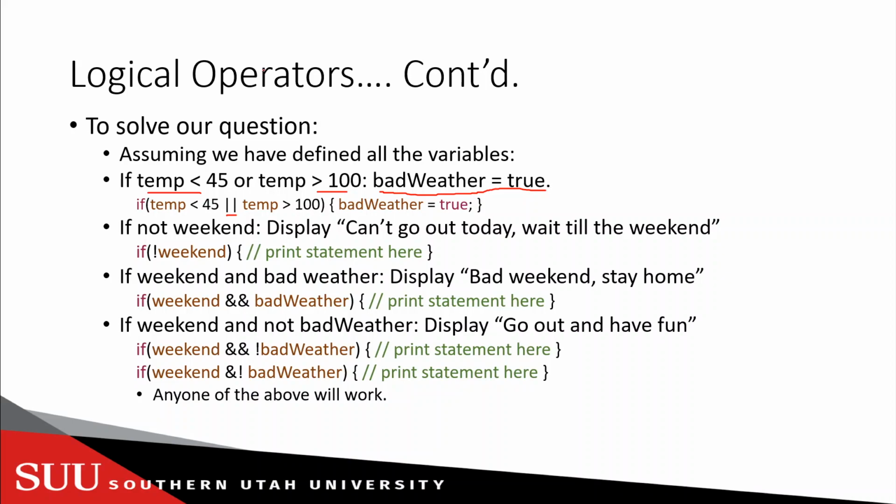So if the boolean is representing true, let's say b is equal to true, then if I say not b, what I'm doing is I'm saying false. Similarly, if b is equal to false, then if I say not b, this means true.